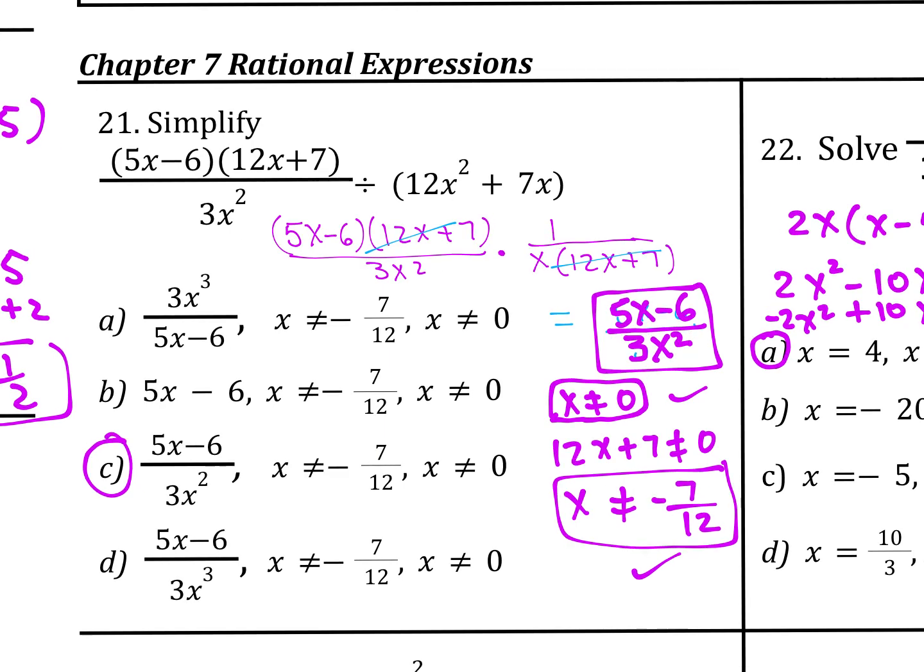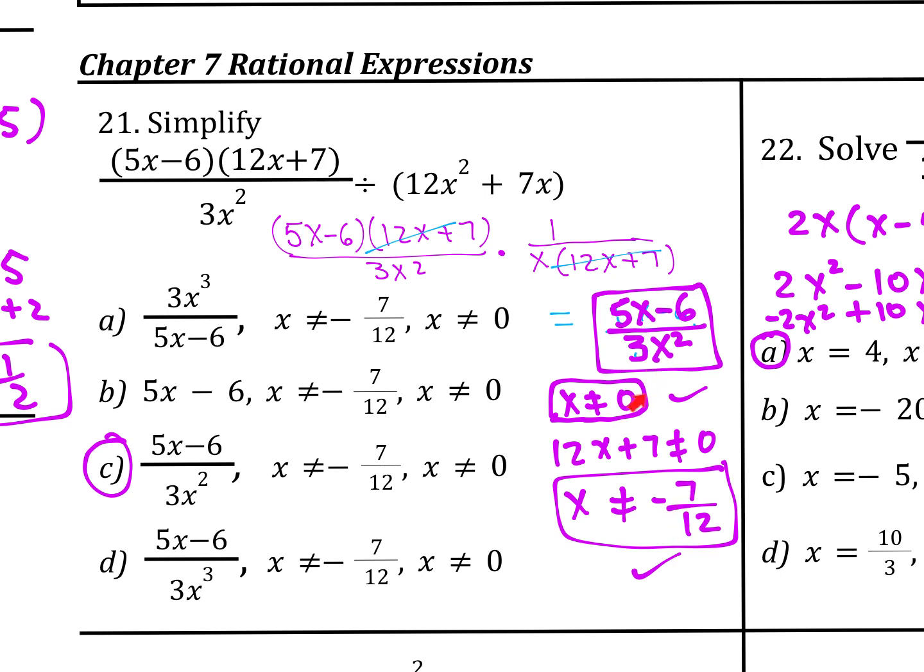When we have a rational expression, we want to make sure that the bottom can never be equal to 0. So for example, we have x here. So we want to state the constraint that x should not be equal to 0. And we should also state the constraint that 12x plus 7 should not be equal to 0, which means that x should not be equal to negative 7 over 12.